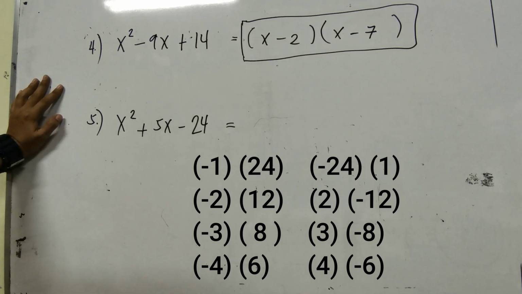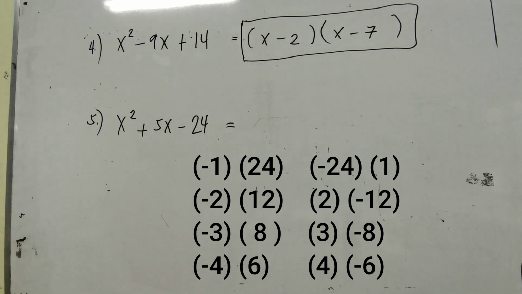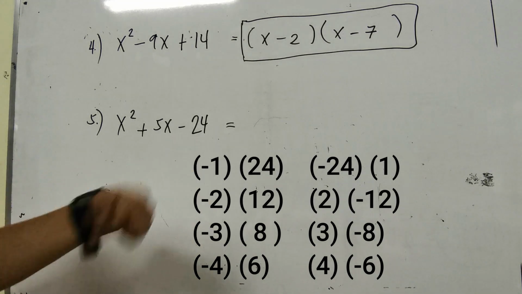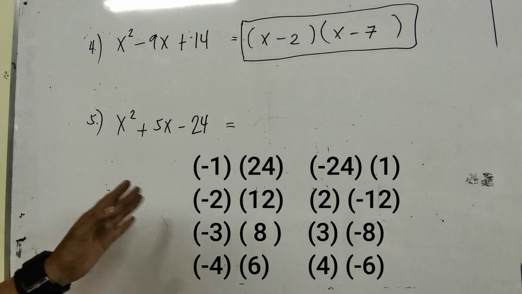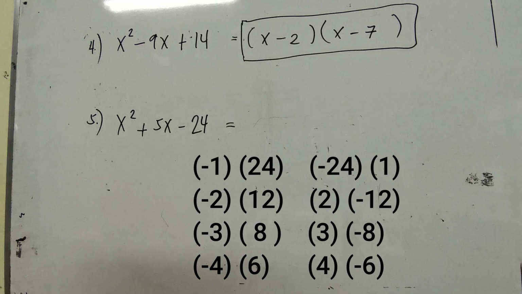So, sa 24, ang factors dyan ay pwedeng 1 times 24, syempre, and 2 times 12, 3 times 8, and 4 times 6.